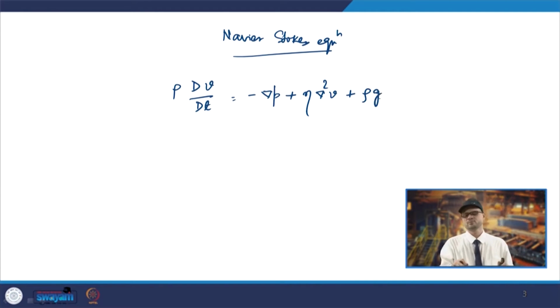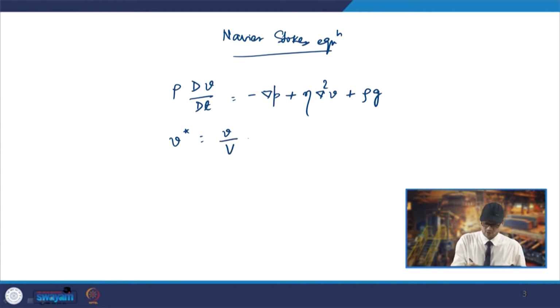This is another term, that is the source term. Now in this case what we do is we non-dimensionalize these terms. Using the non-dimensional quantities we make V star, so suppose V star is V by B, or we take X star as X by L.